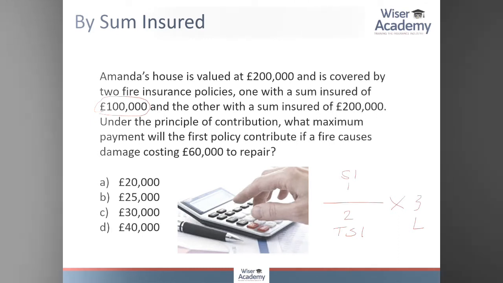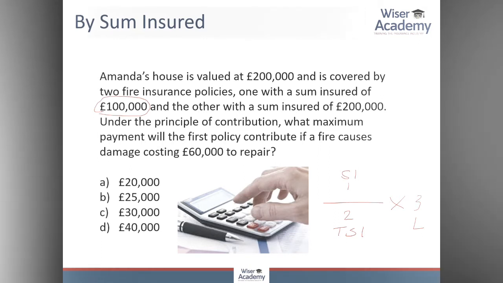Absolutely. And then we're divided by total sum insured. Excellent. Which is 300,000. Correct, because that's our two policies added together. And then multiplied by loss, which is 60,000. Absolutely. So 20,000 is the answer.